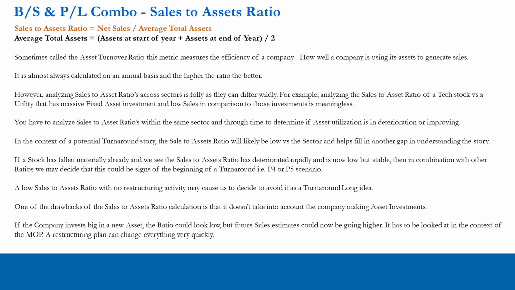If a stock has fallen materially already, and we see that the sales to assets ratio has deteriorated rapidly and is now low but stable, then in combination with other ratios that we've looked at, we may decide that this could be the signs of the beginning of a turnaround. So we are sitting potentially in a phase 4 or phase 5 scenario.